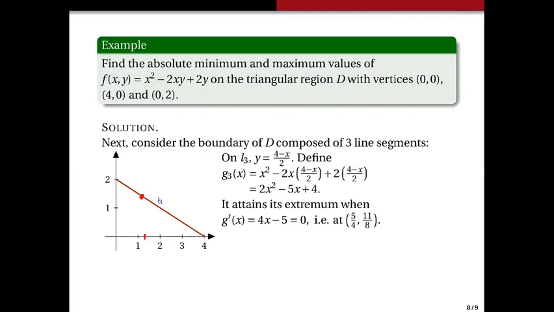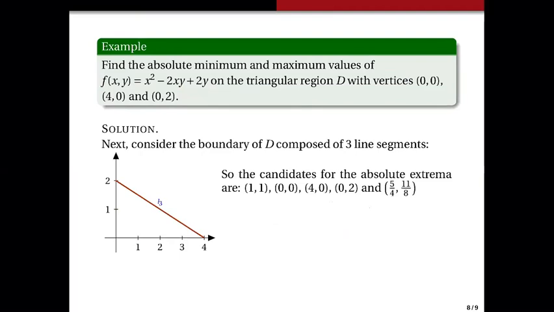So what did we get? We have the critical points and the possible absolute extrema at these points. You have your 1, 1, which you obtained using gradients. We have the 0, 0, and then this 4, 0 from line L1.